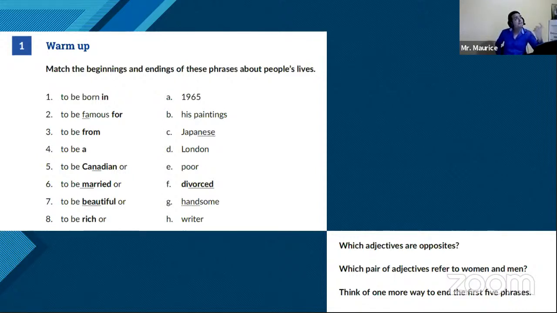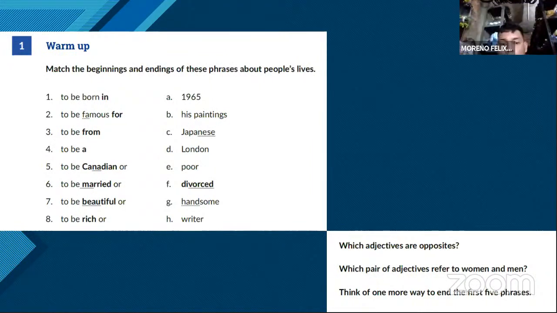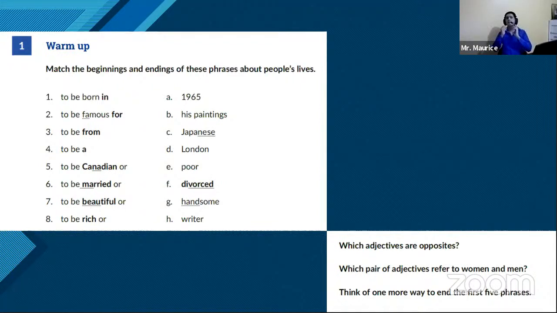If we said beautiful, this adjective is for men or women? Women. Yes. Women. Very good, guys, okay? Tengan cuidado. Esto es algo de gramática implícito aquí. Beautiful, este adjetivo es más utilizado para mujeres.